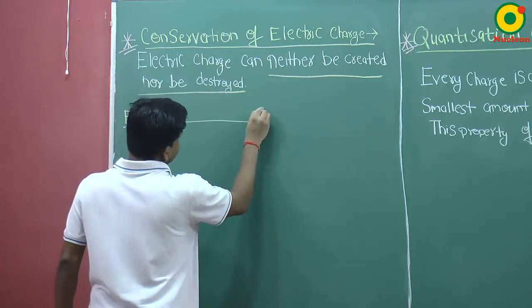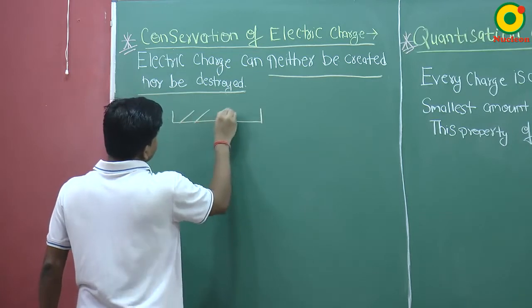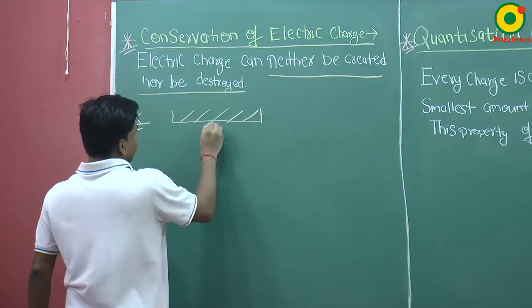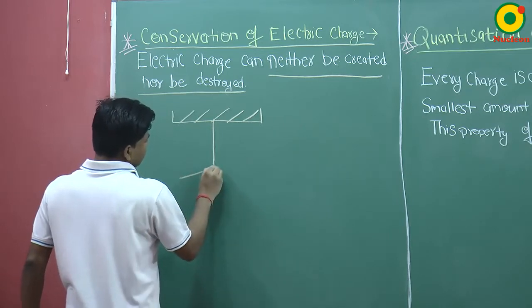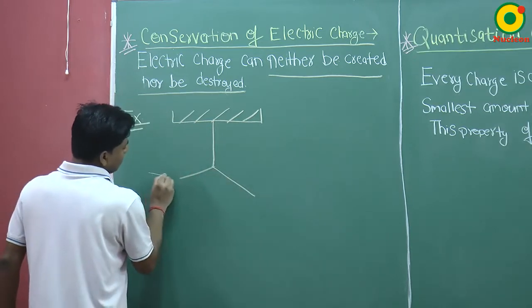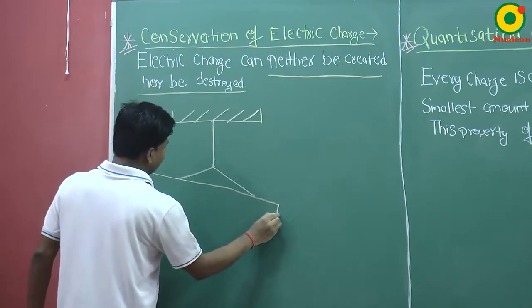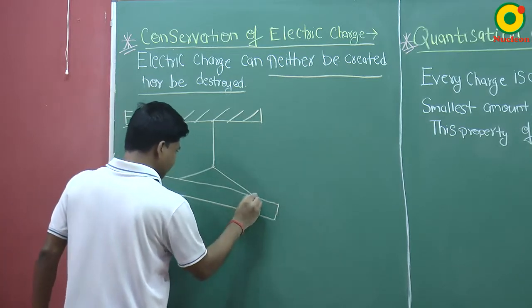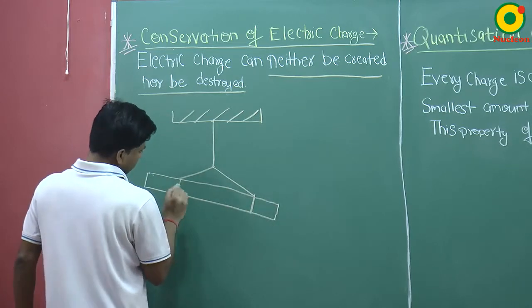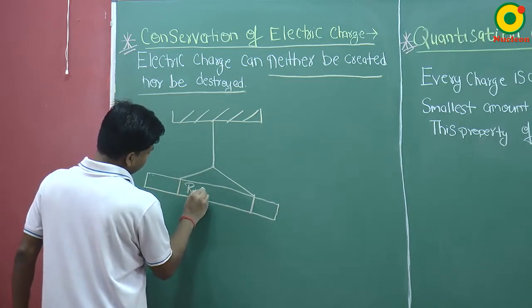Let's say we have a surface over here, and we tie one string to this surface, and we suspend one substance with this string, which is made up of rubber.